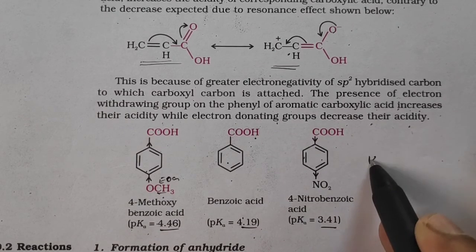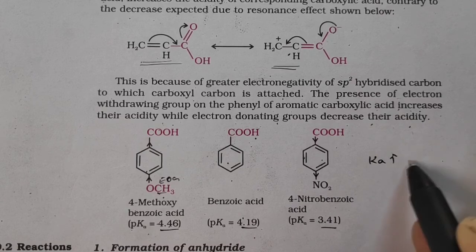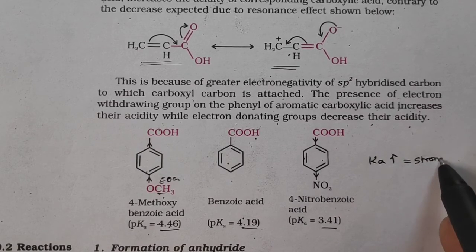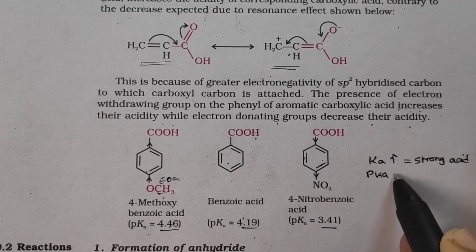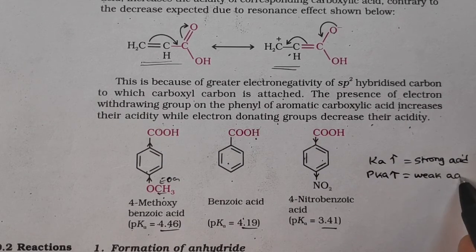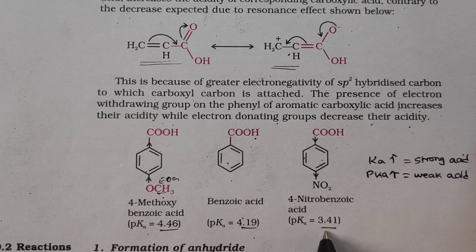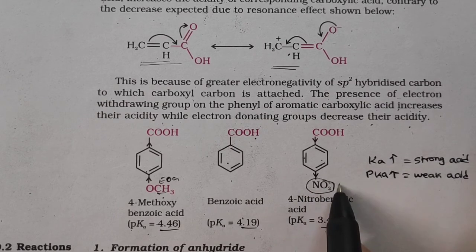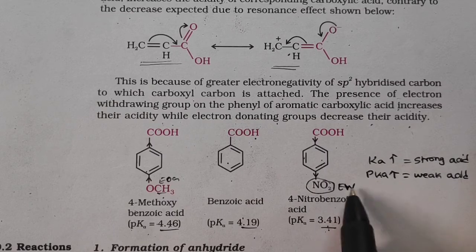If you remember we have written here Ka value higher means strong acid, right? Same way inverse, pKa value if it is higher then it is weak acid. Understood? So in this case pK value is less if you compare to this. So this one is strong, but why is it strong? Because of this electron withdrawing group.